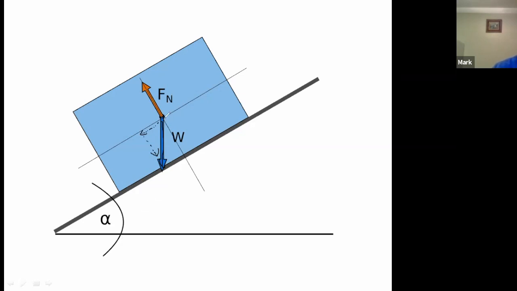If you notice, this is a right triangle. Since we know this angle, we also know this angle and this angle. This angle is just this, and this angle is what's left.